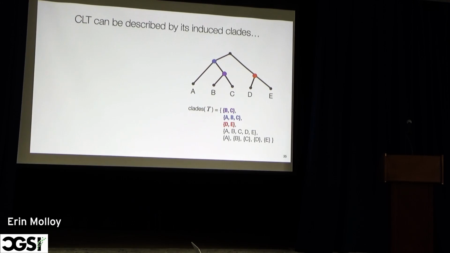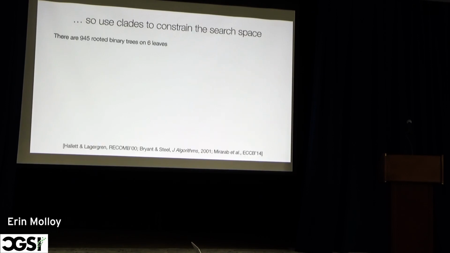And so we can actually look at all the vertices of the tree and write down the clades induced. And I've highlighted in purple, blue, and red the non-trivial clades associated with their vertices. This clade of everything always goes to the root, so that's going to be on all trees with A, B, C, D, E in the leaves. And then these singletons are associated with the leaves, so they're also trivial.